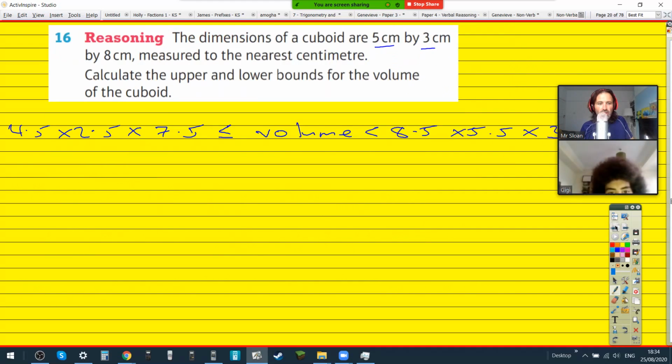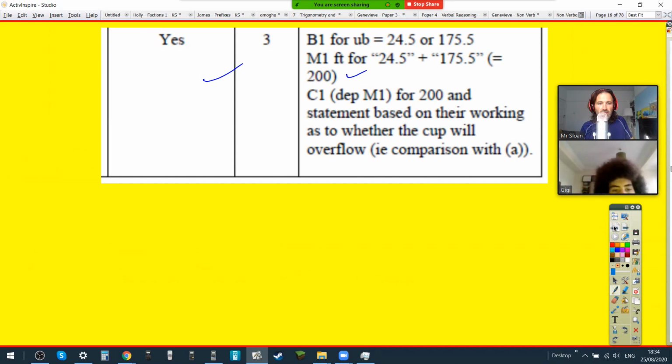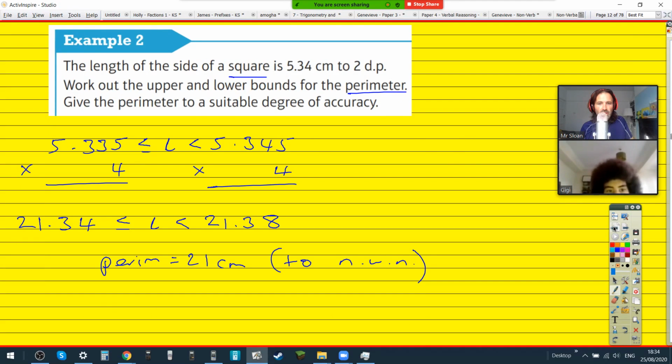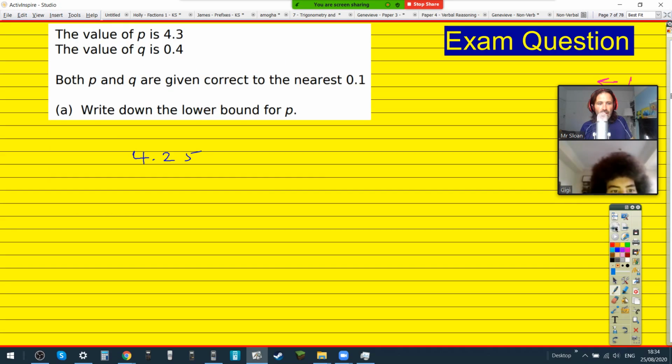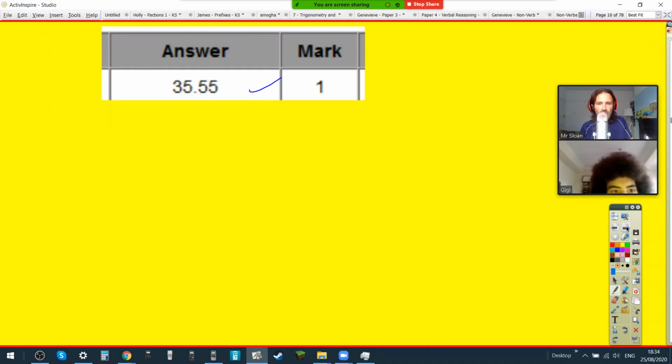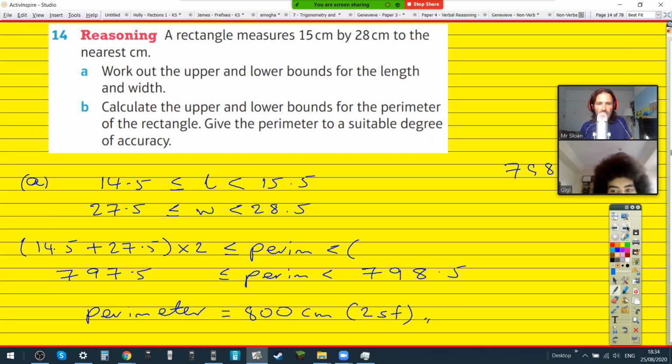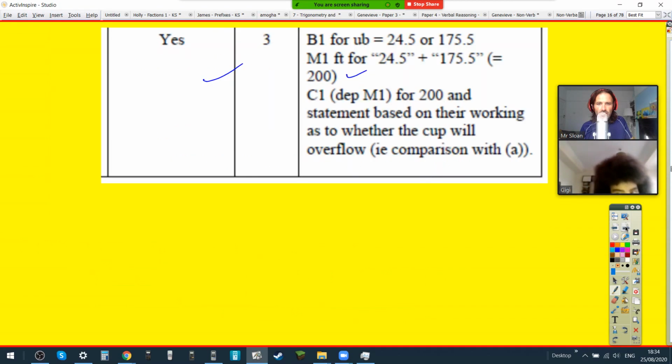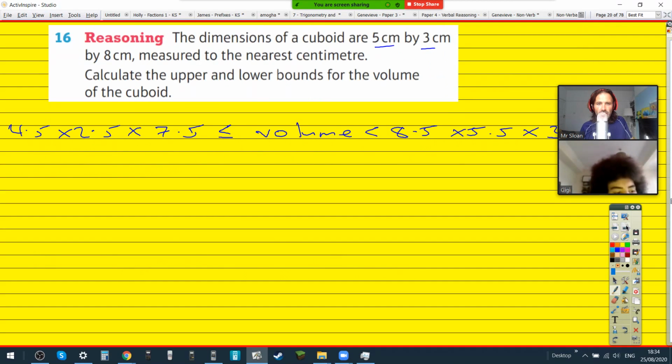If I just go back a second, I told you this was a revision topic. We found the volume of a cuboid a second ago. So this one you have a cuboid, 5 by 3 by 8.